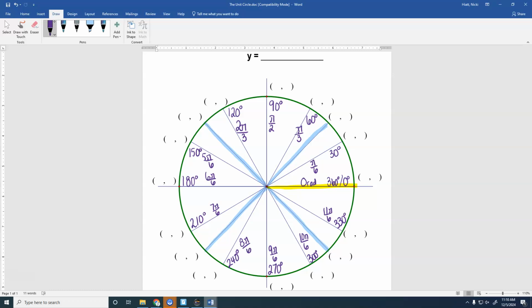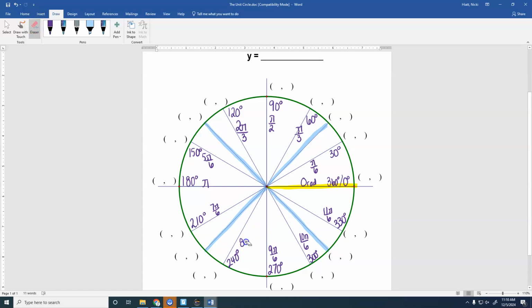5 pi over 6 does not reduce. 6 pi over 6 reduces because the 6's just cancel out. So that one is going to be just pi, which we should know because 180 degrees is pi radians. That's what we use for converting, right? 7 over 6 does not reduce. 8 over 6 does reduce.